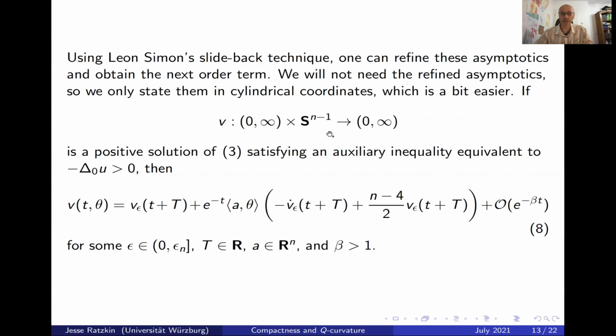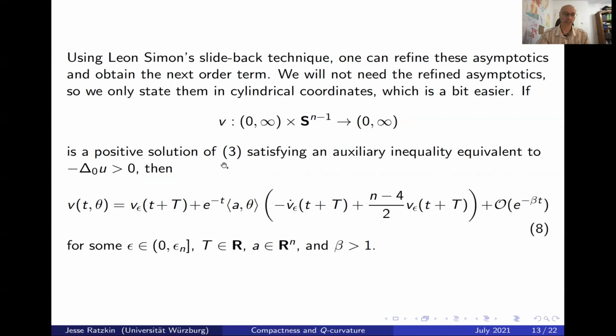They're a little bit easier to state in cylindrical coordinates, but of course there's an equivalent statement in Euclidean coordinates. So what does this theorem say? Again, I have my function from 0 to infinity crossed Sn minus 1.